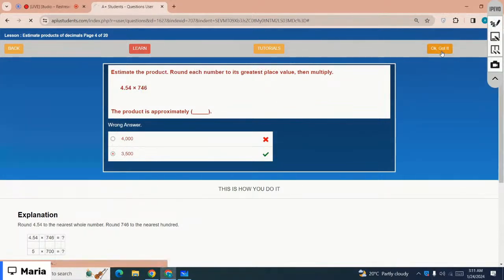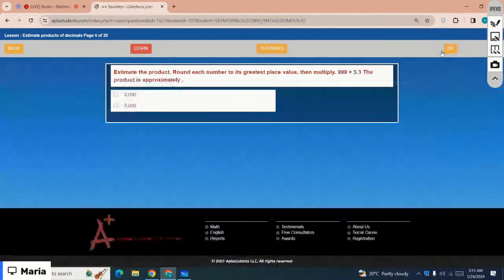Okay, the next one is estimate the product, round each number to its greatest place value, then multiply, right? Okay, so you have 999 times 5.3. So which is the correct option?